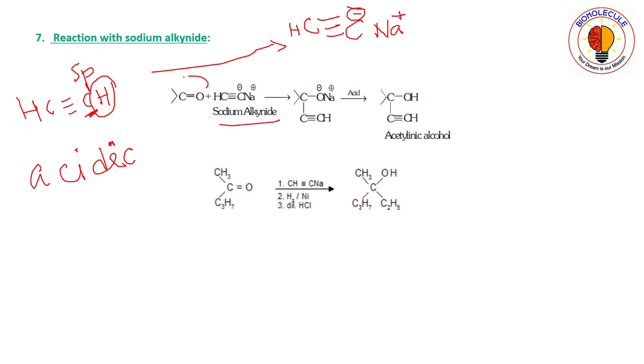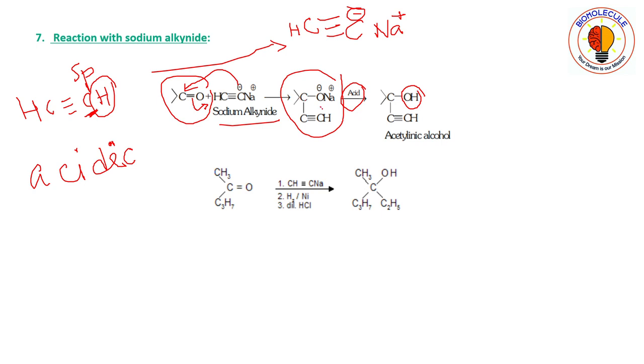So if we treat a carbonyl compound with sodium alkynide, what it will do is this negative charge will go and attack the positive carbonyl carbon. This one will go towards oxygen. So this one you are getting as intermediate. Further acidic hydrolysis, and you will end up with OH here.